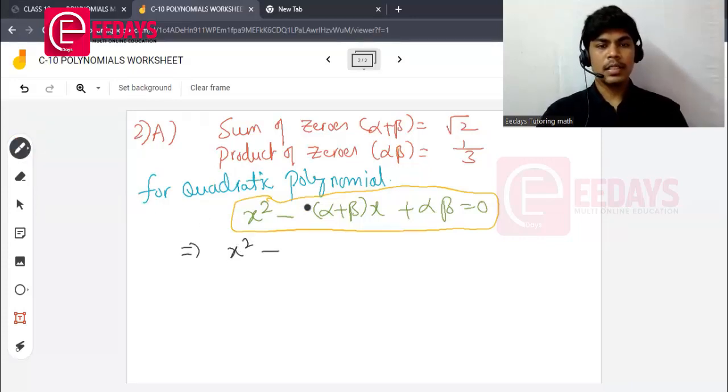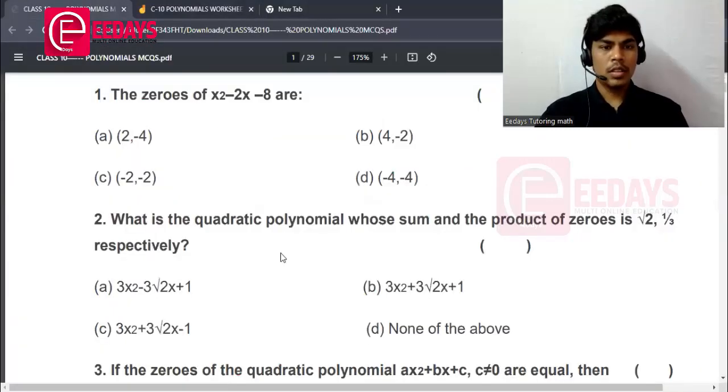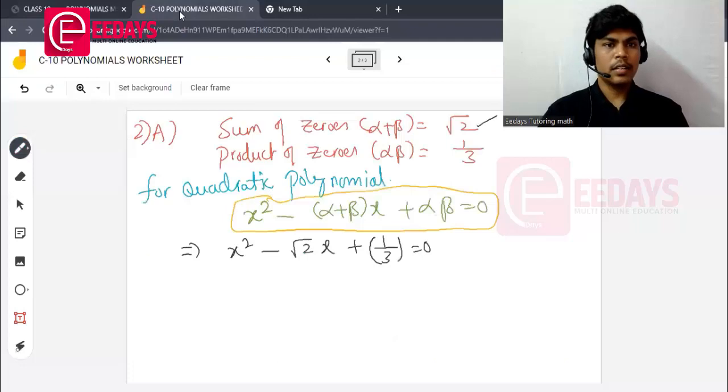X square minus sum of zeros, alpha plus beta. Already we got root 2, so root 2x. Minus is common, it is inbuilt in the formula. Then the product of zeros, that is 1 by 3, is equal to 0. Now check the options. We have to split further. You can take 3 as LCM.